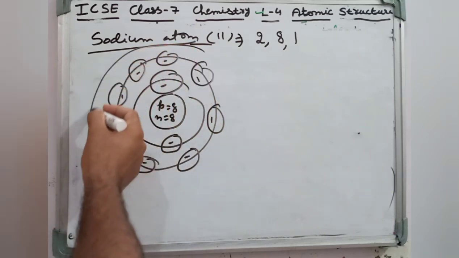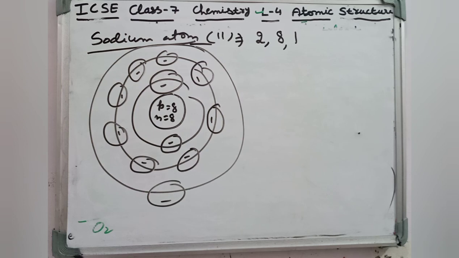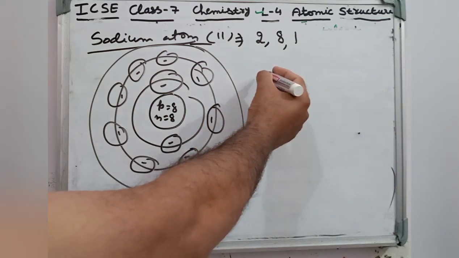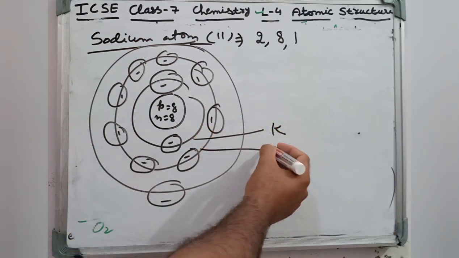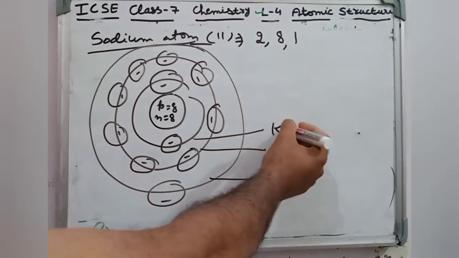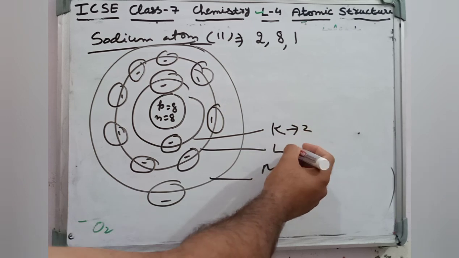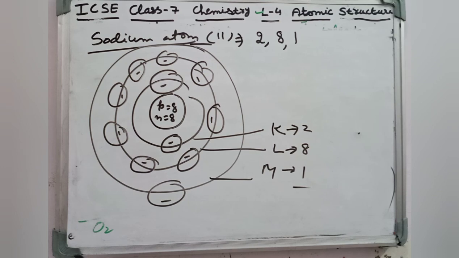And one more is left in the last shell. Right? So this first shell is called K, this is L and this is M. In K 2, in L 8, in M 1. 2, 8, 1 is the electronic configuration of sodium.